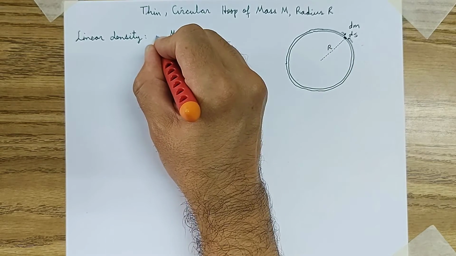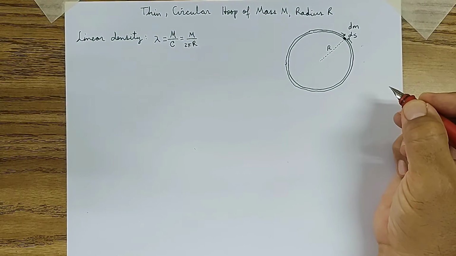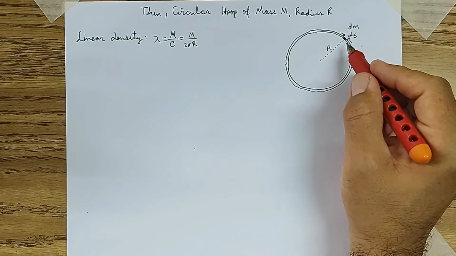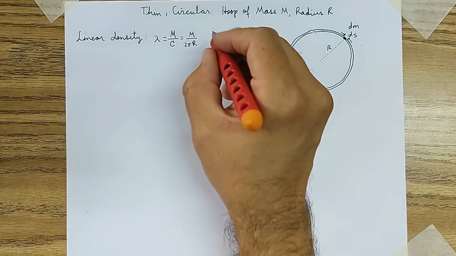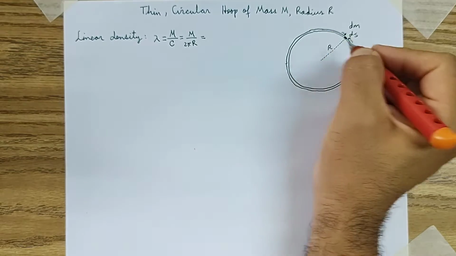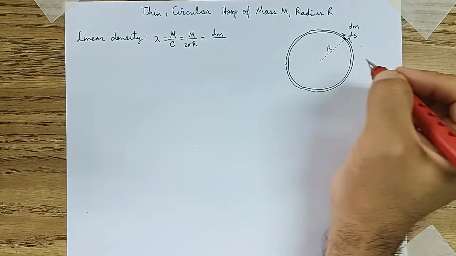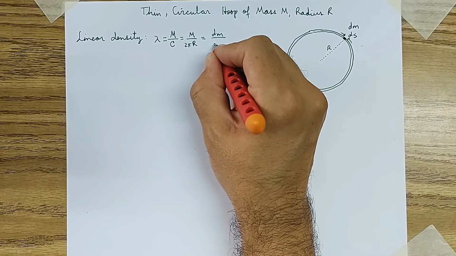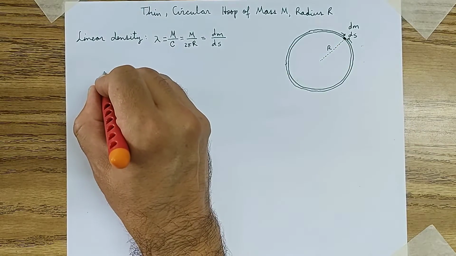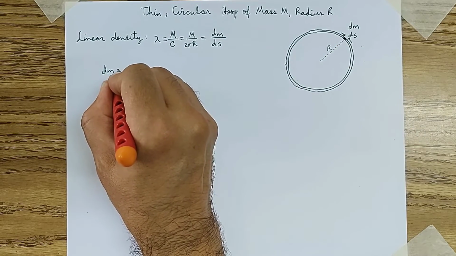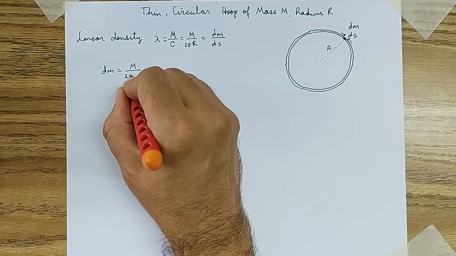We still want to use the symbol lambda for linear density, and the important part is that because the density is uniform around the hoop, then this is also equal to the infinitesimally small mass dm over the infinitesimally short arc length ds, which means that the mass differential dm is equal to the ratio mass over 2 pi times the radius times ds.